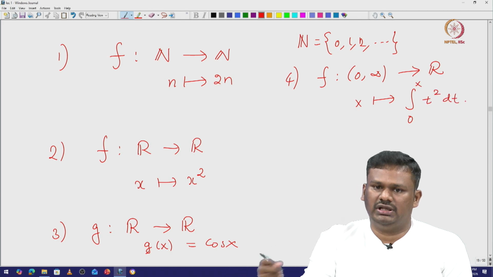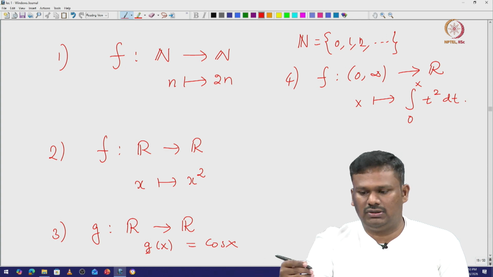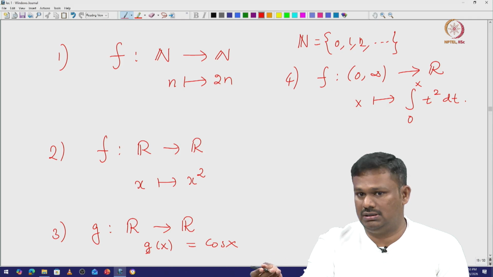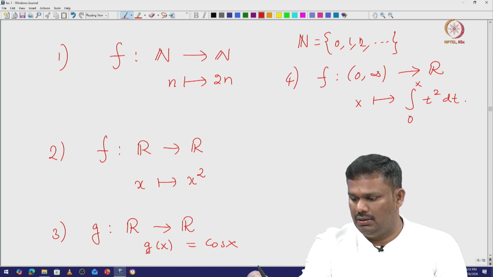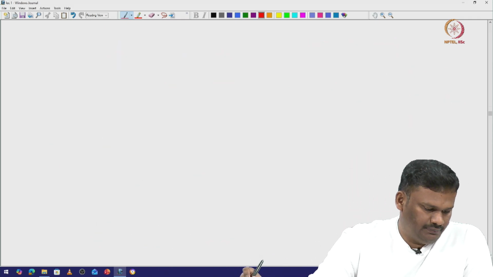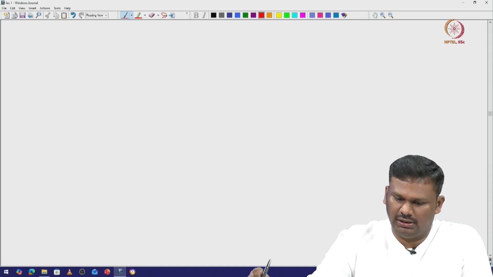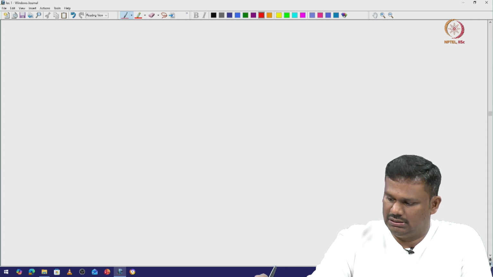Okay. So, this means what? This means we have actually understood what this integration means. Okay. And similarly, one can also come up with some kind of weird functions. Okay.